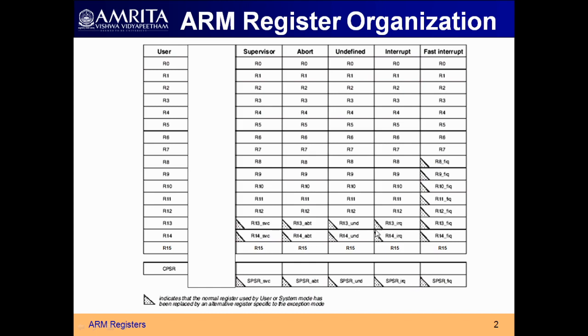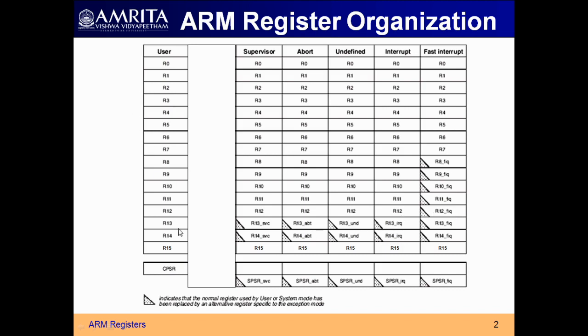So there are 20 banked registers which are available in the corresponding modes of operation, right? And there are 17 registers which are not banked. These are the registers available in user mode. So total 17 registers plus these 20, you are having 37 registers.